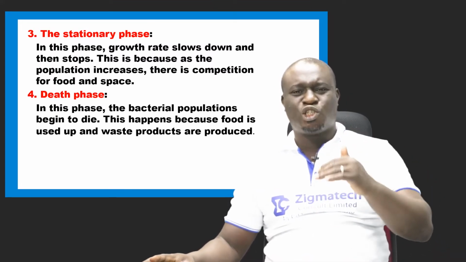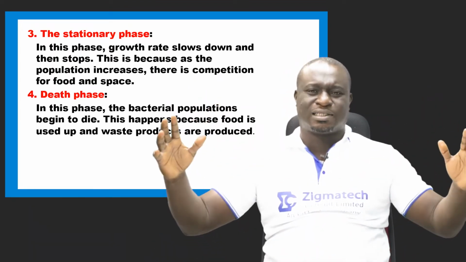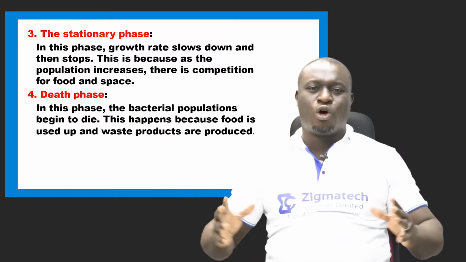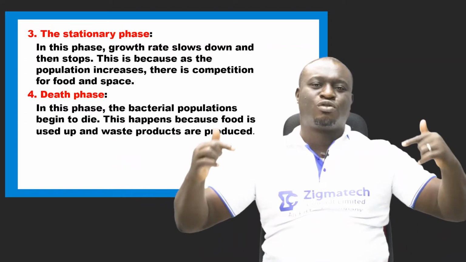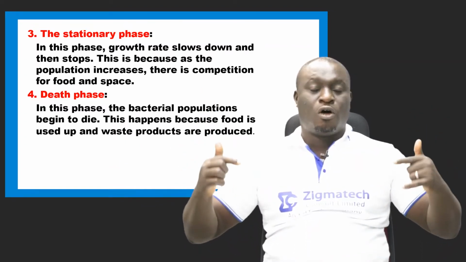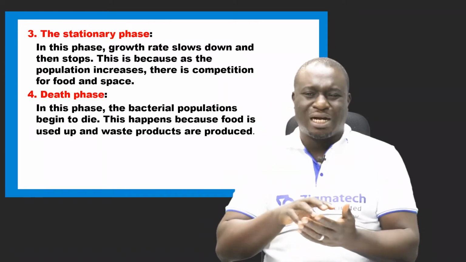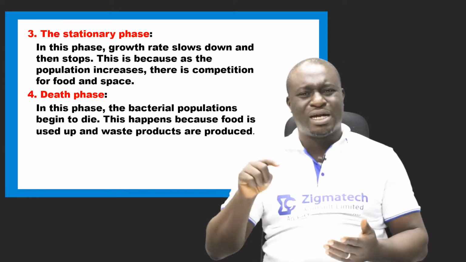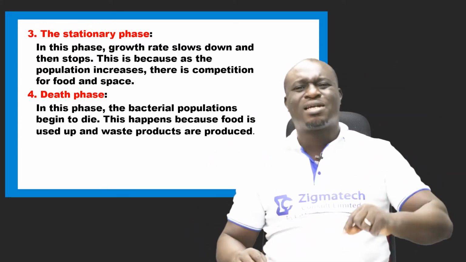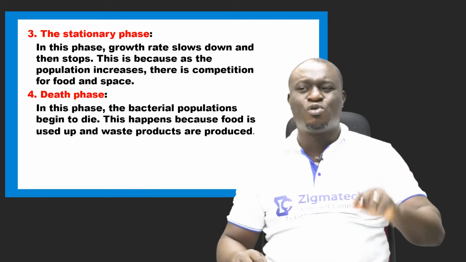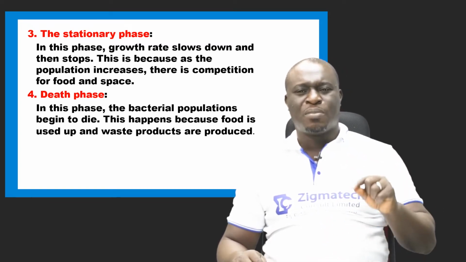Remember, at the exponential phase, there is a rapid increase in the population of the microorganisms. But when it gets into the third phase, because of the increased population, growth rate will slow down, because there will be increased competition for food and space.